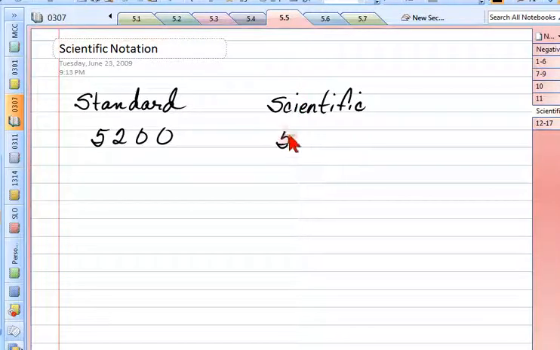You might have the same digits, but the decimal point will have to be between, and I'm going to do the decimal point in blue, it will be right after the first digit.